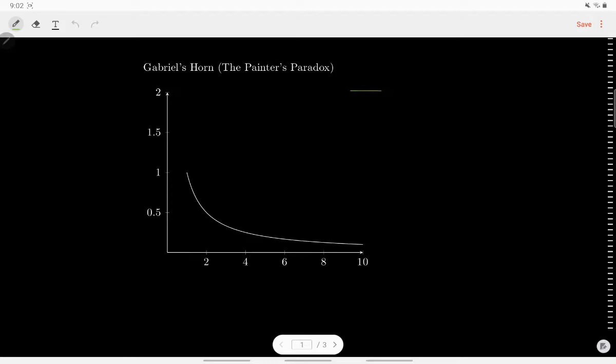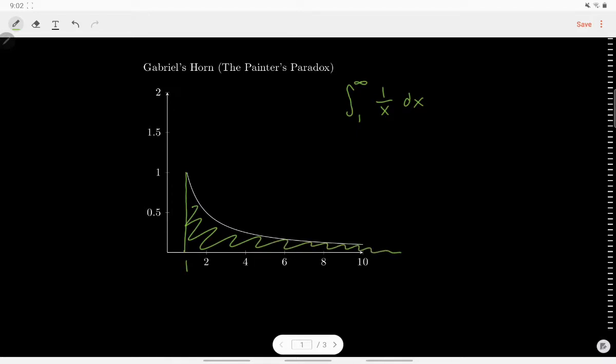So if I want the integral from 1 to infinity of 1 over x dx, what does that mean? That means the area under the curve 1 over x from 1 off to infinity.